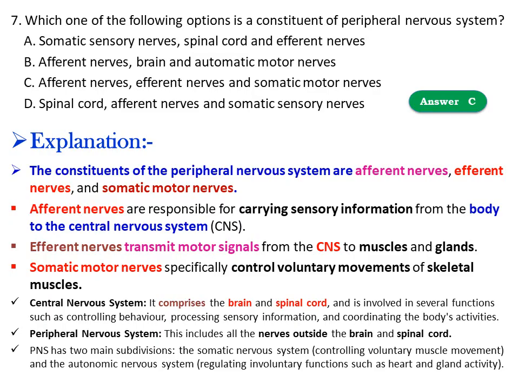Afferent nerves carry information from the body to the central nervous system, whereas efferent nerves transmit motor signals from the central nervous system to effector organs like muscles and glands, and somatic motor nerves specifically control voluntary movement of skeletal muscles.